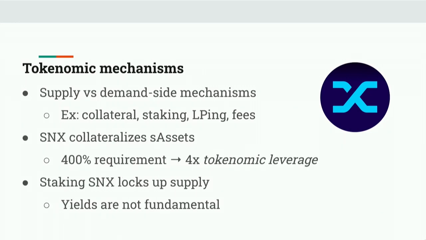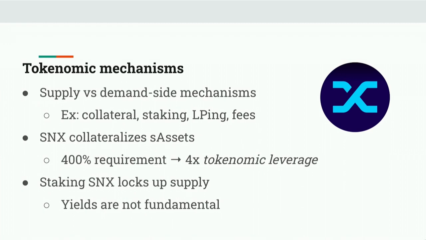So digging a little bit more into tokenomic mechanisms, I want to use Synthetix protocol as an example. So Synthetix is a synthetic derivatives platform. The token SNX is used to collateralize synthetic assets, which makes the demand for SNX tokens proportional to the demand for the collateralized assets that are on chain, available to users in a way that's exclusive to the Synthetix protocol.